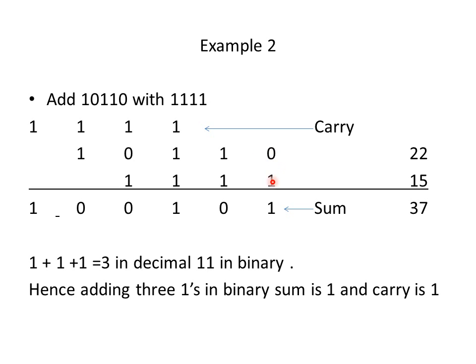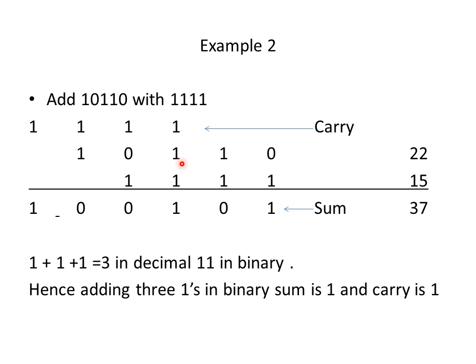For example, 0 plus 1 is equal to 1, that is the sum is 1 and carry is 0, and again 1 plus 1 is 0, the sum is 0 and carry is 1. Now there will be three ones, 1 plus 1 plus 1, that means 3.